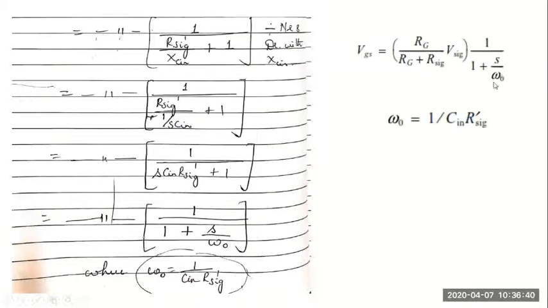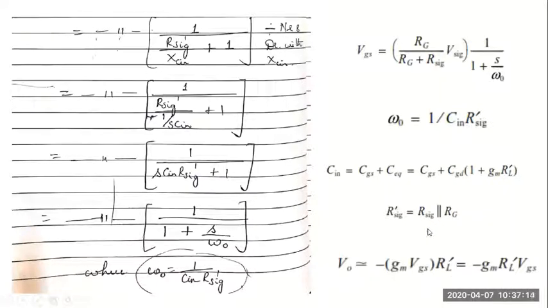So what is the omega naught value here? It is 1 by Cin into Rsig dash, where Cin is CGS plus C equivalent. Don't forget that. It is the device capacitance CGS plus the second device capacitance CGD, which was between gate and drain, into 1 plus GmRL dash, where GmRL dash is the gain of the amplifier at midband. And Rsig dash is the parallel combination of Rsig and Rg.